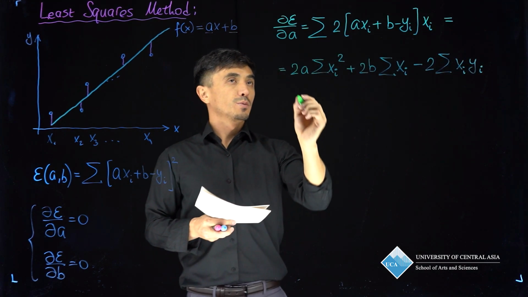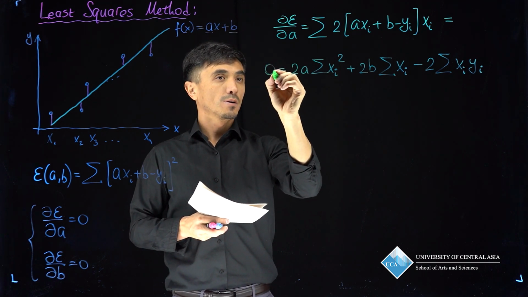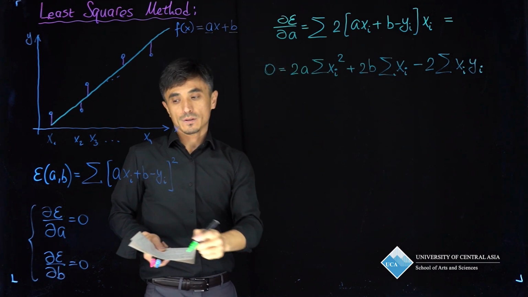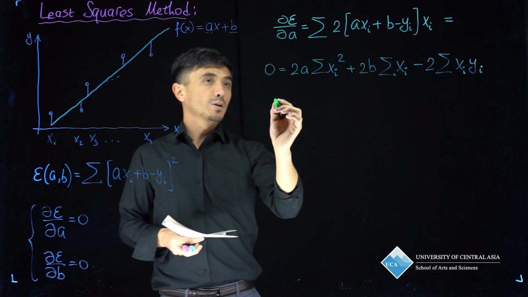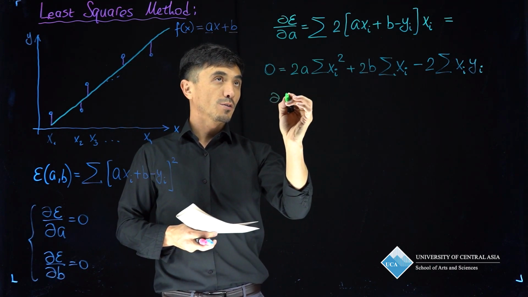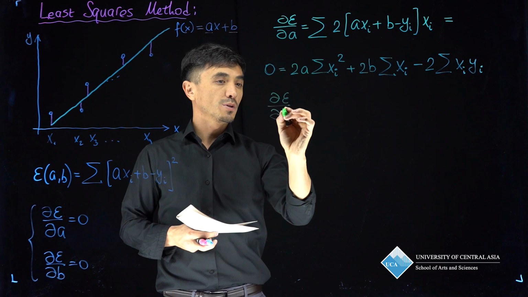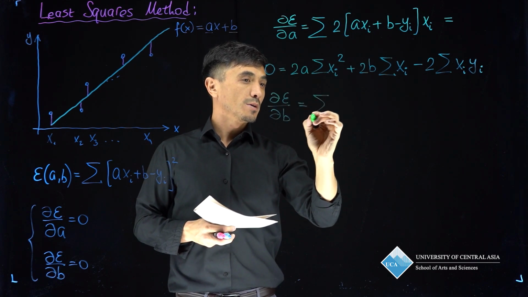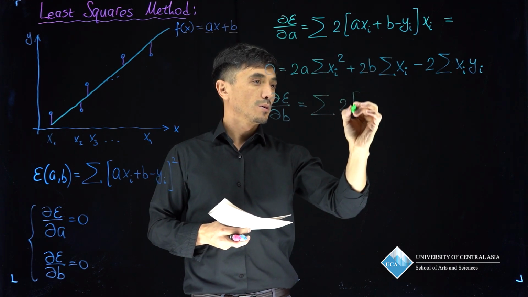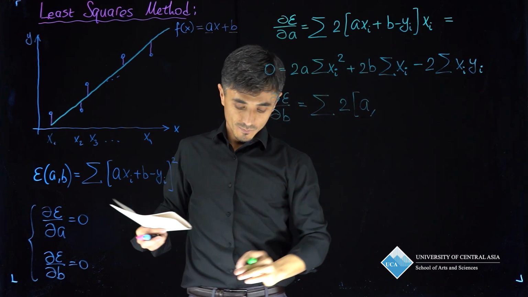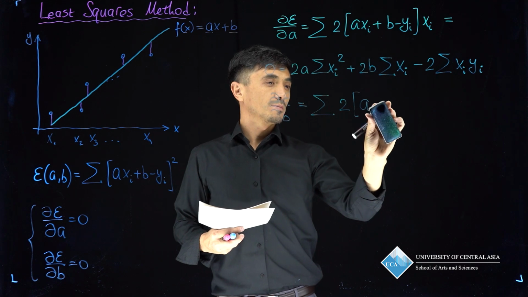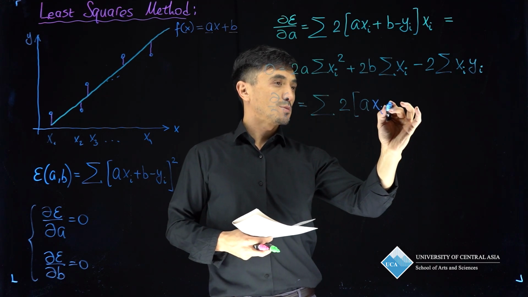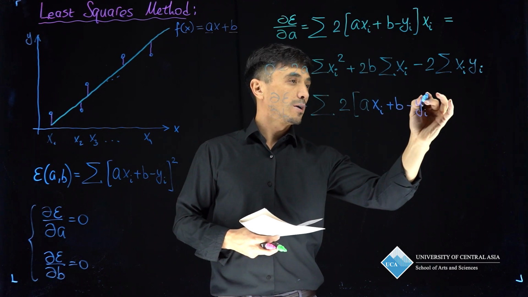So we want this to be 0. And from the derivative of error with respect to b, we're going to obtain sigma 2 (a xi plus b minus yi).